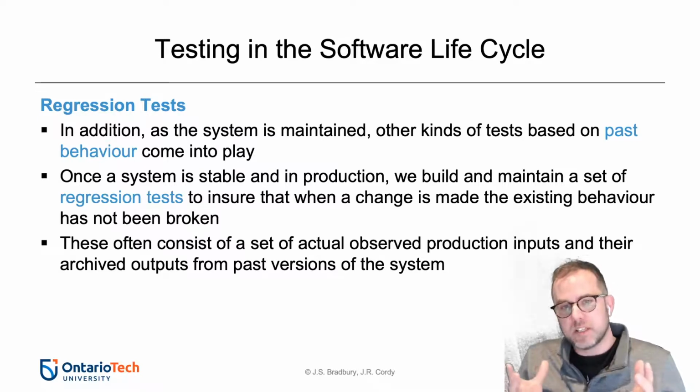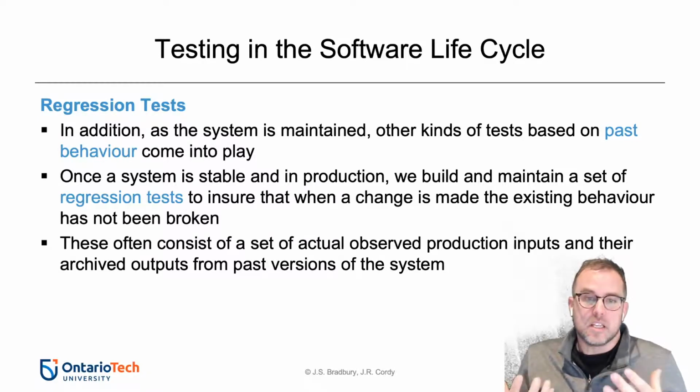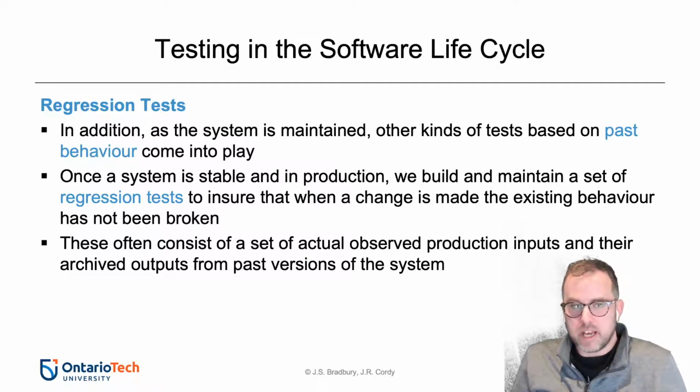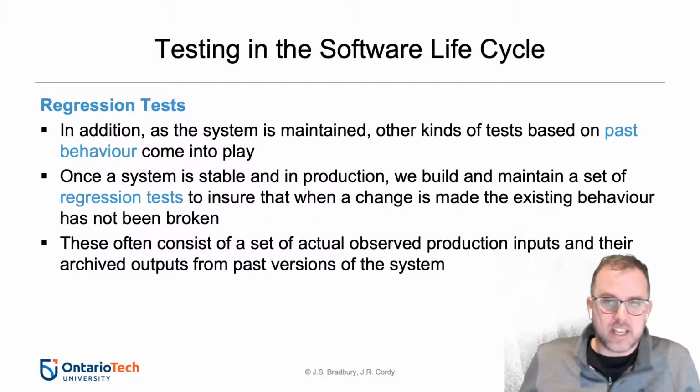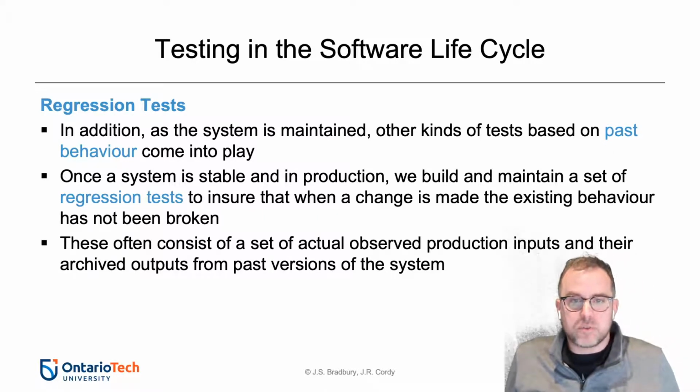Once we release it and we've done all our testing, hopefully the tests have all passed and we know that things work. As we modify and extend our software through maintenance, we don't want features that were working when we released it to all of a sudden break.